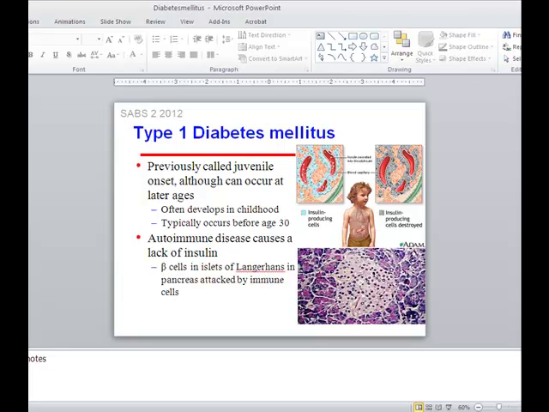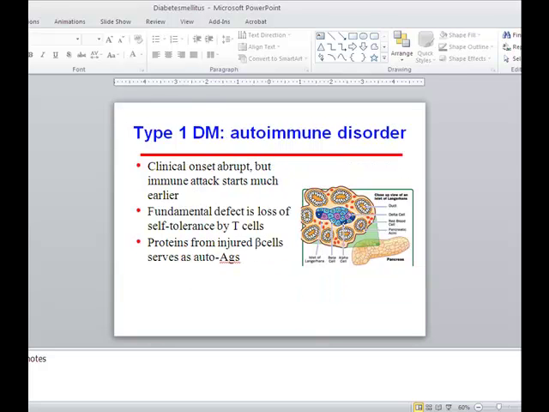This is typically an autoimmune disease where the beta cells in the islets of Langerhans are destroyed by the body's own immune mechanism. The onset is usually abrupt, but the immune attack starts much earlier, even before you can start seeing some of the signs and symptoms.